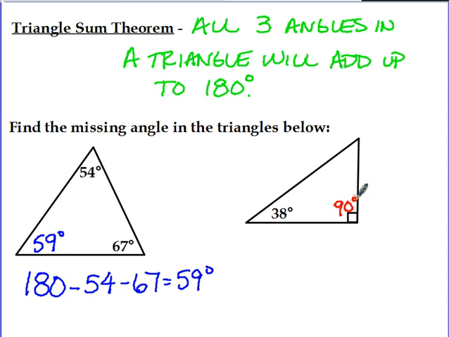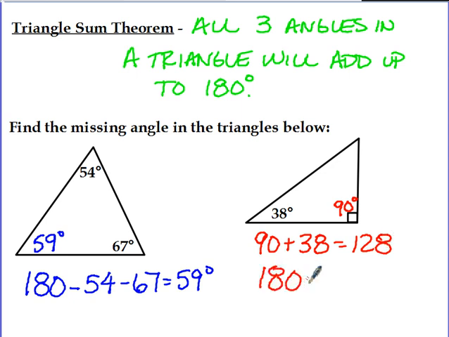You can always add these. 90 plus 38 will give you 128. And then you can subtract that from 180, and you'll get 52 degrees for your answer. So whatever method you like better, whether you like subtracting right from the 180 twice, or if you like adding them together first and then subtracting, it doesn't matter.